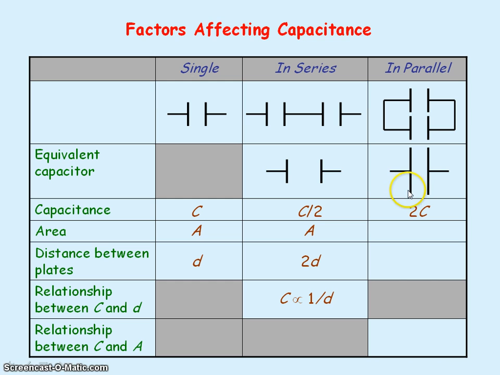We see that the area of overlap between the plates has doubled, but the distance between the plates remains the same as D. So we have double the capacitance but double the area. So the relationship between capacitance and area is directly proportional.